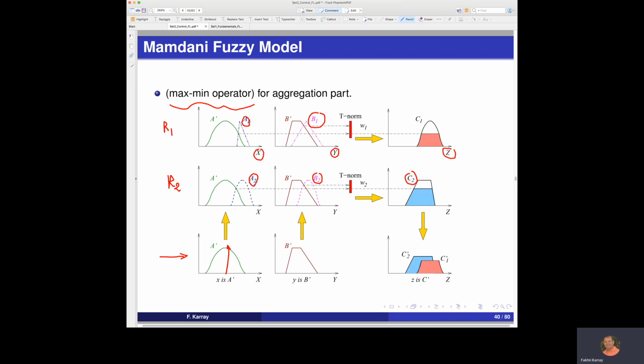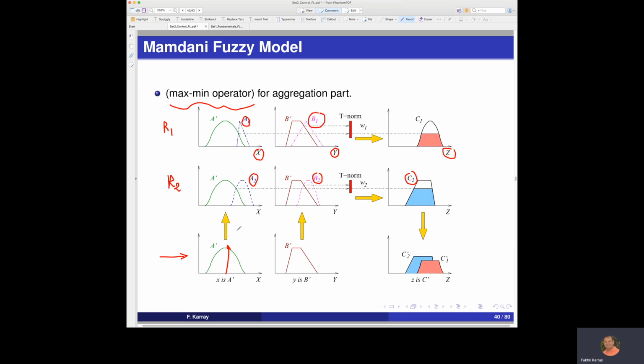If temperature is very high here and the humidity is somehow high with another membership function representation, then the air conditioner is somehow low. So these are the representation for this particular system at this particular stage.